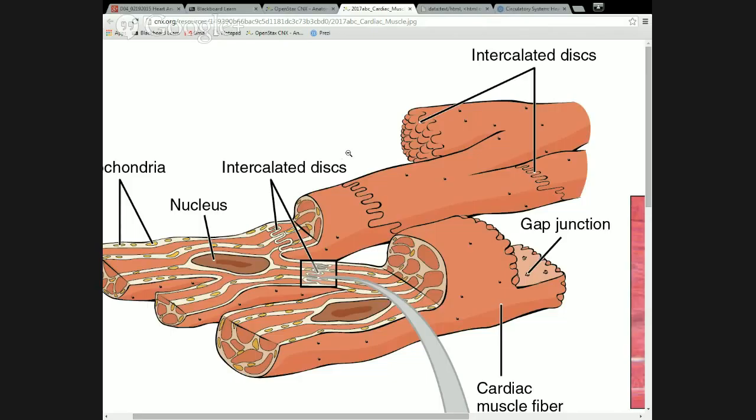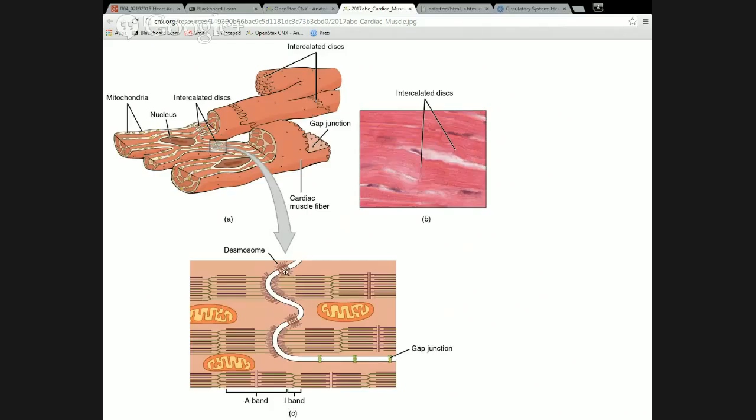What makes it stain darkly in the tissue is that there are a bunch of proteins there holding the cells together, which is represented here. There are attachment points called desmosomes, which are common types of attachment points. They're introduced in the book originally in the tissue chapter, where it's talking about how epithelial cells are attached to each other, and they use desmosomes also.